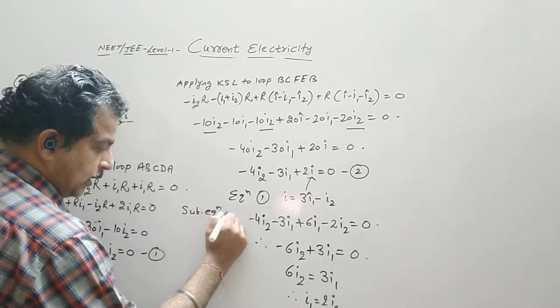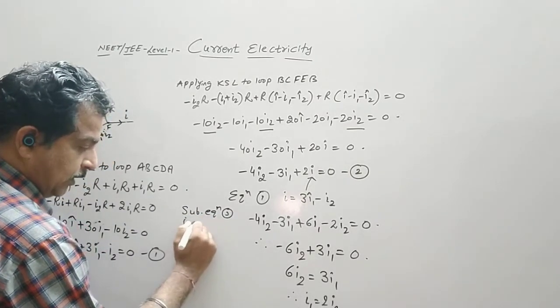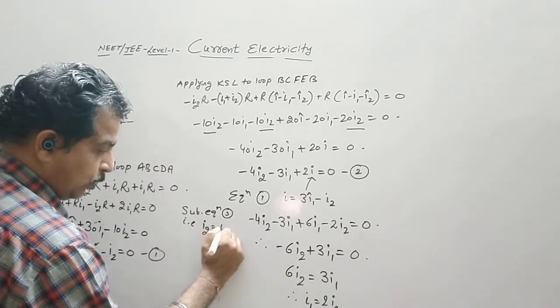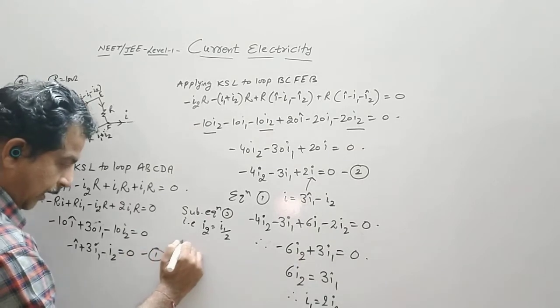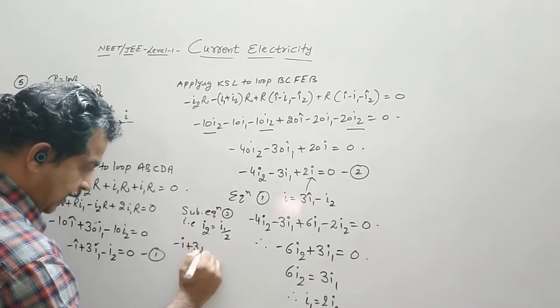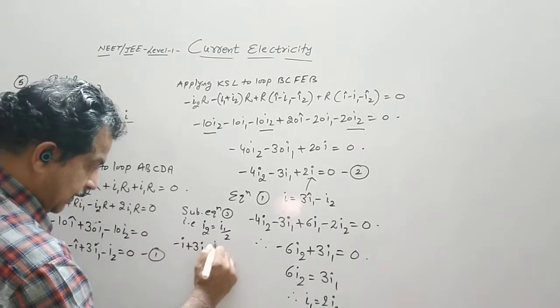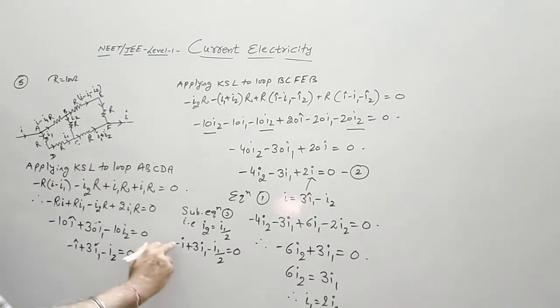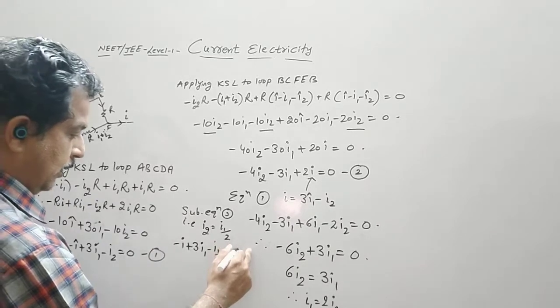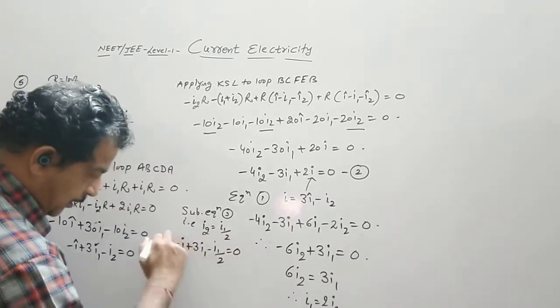Substitute equation 3. That is, what is equation 3? I2 is equal to I1 by 2. So here it becomes minus I plus 3I1 minus I1 by 2 is equal to 0. So this I is taken to that side.